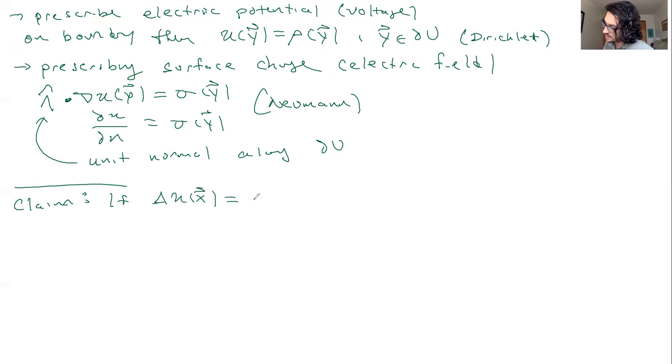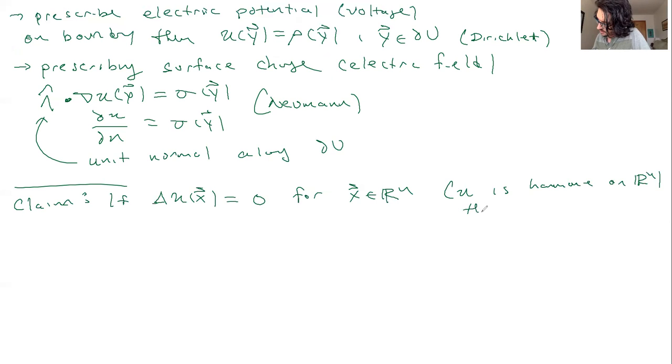So first claim is if the Laplacian of u equals 0 on Rn, and otherwise u is harmonic on Rn, okay, then the following things are true, okay?